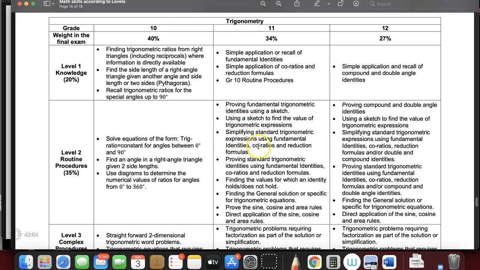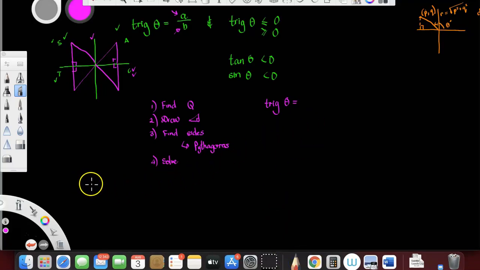The next one is simplify standard trigonometric expressions using fundamental identities, co-ratios, and reduction formulas. Very typically, it's literally just applying your formulas. I say PAS, CAS, and DAS. PAS is positive, acute, and simple.